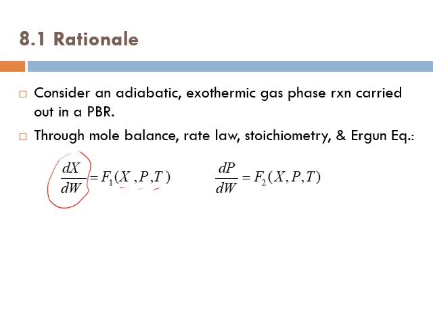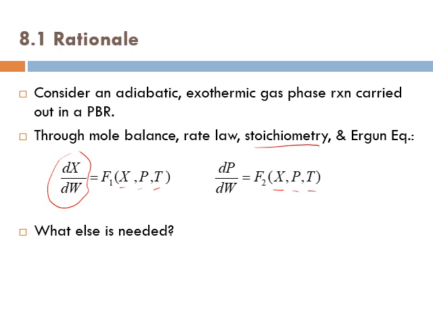Because all of these, X, P, and T, appear in the stoichiometry step. And of course, we have the Ergun equation because we have pressure drop. So P is a function of W. From the Ergun equation, we derive a dP/dW equation, a differential equation for pressure. And it's also a function of X, P, and T, as you know.